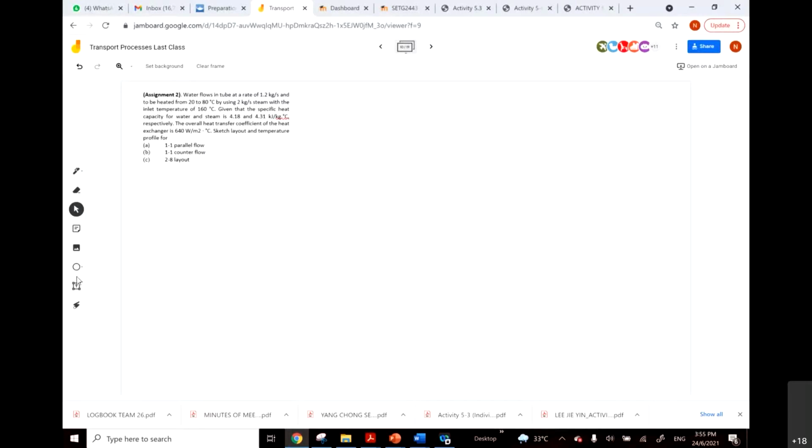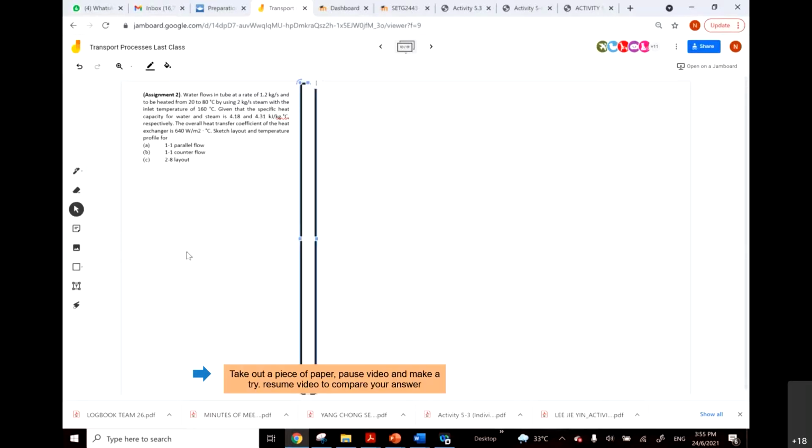So I will make dividers. Okay. So this one is going to be 1-1 parallel.